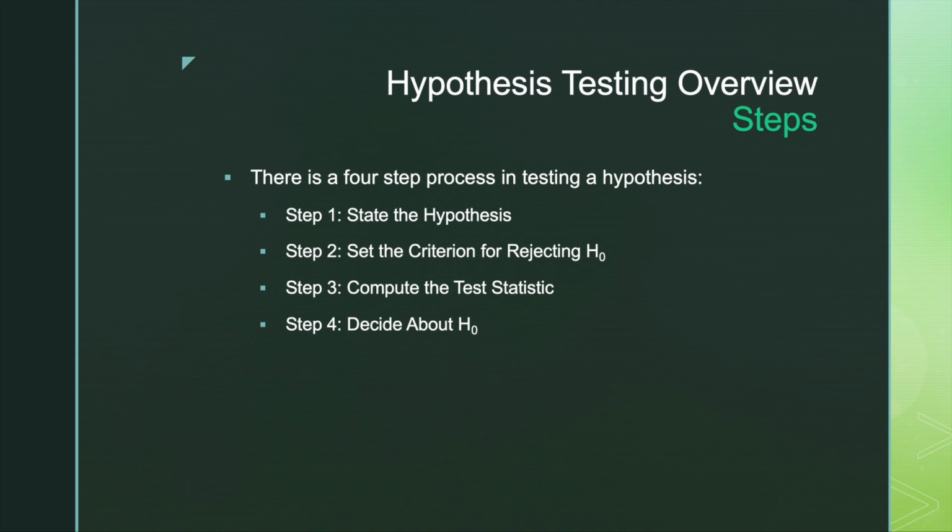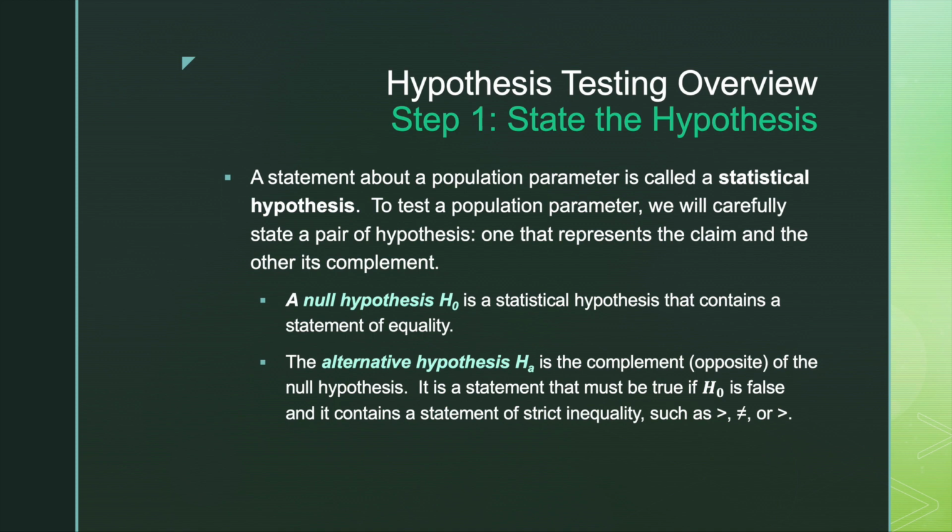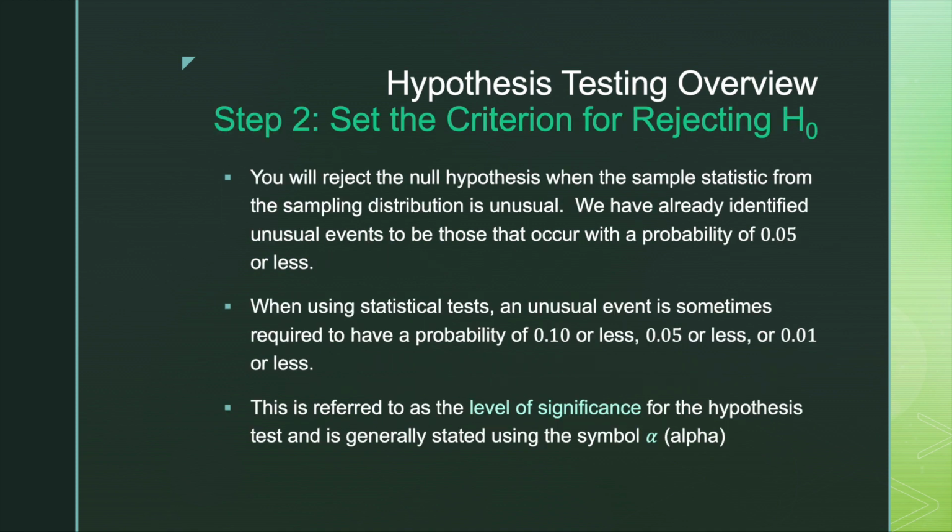There's 4 different steps that we follow for a hypothesis test. So we start off by stating the hypothesis, and there's always a null hypothesis and an alternative hypothesis. Once we have the hypothesis stated, then we always like to set the criterion for how we're going to either reject that hypothesis or fail to reject that hypothesis.